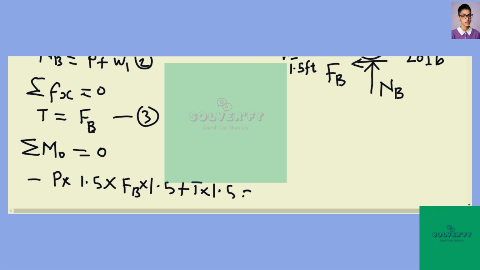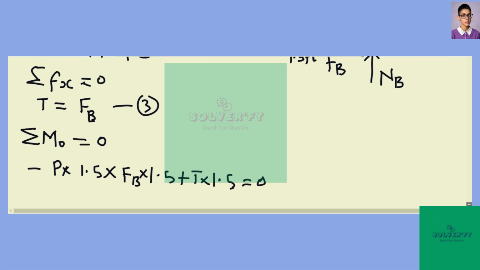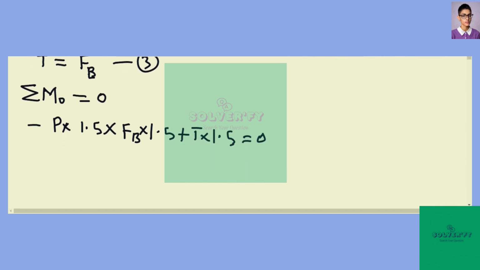Everything is going to give you 0. When you solve this, you're going to have your P equal to FB plus T. You can call this equation 4.